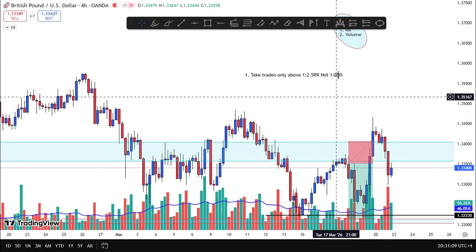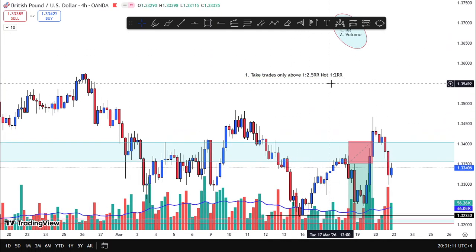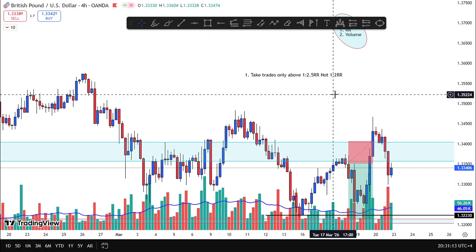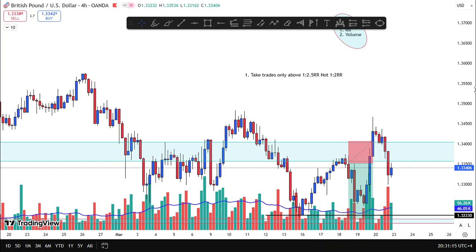Seriously, even with a 50% win rate, with a 1:2.5 RR, if you win 5 trades out of 10, you are going to bang a 12.25. Okay, sorry, let's consider the round figure 12.